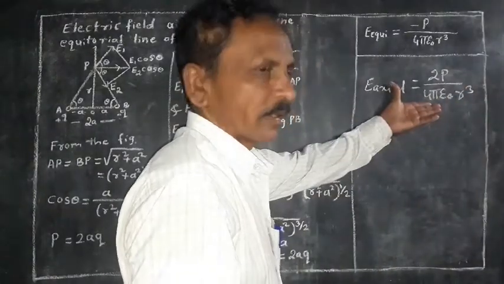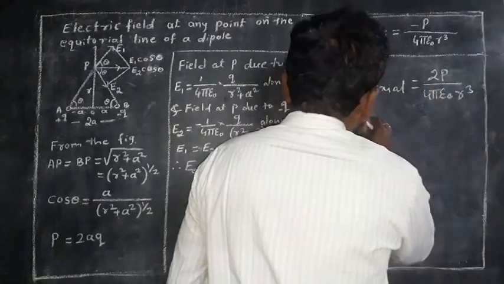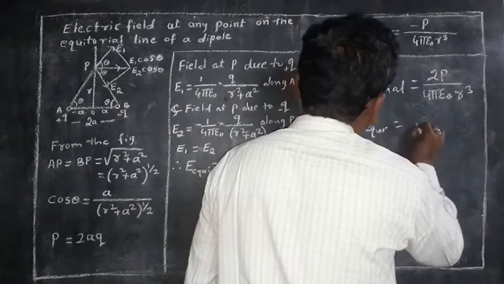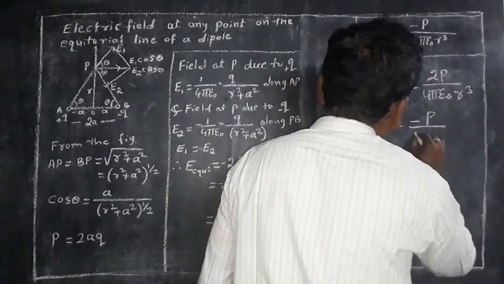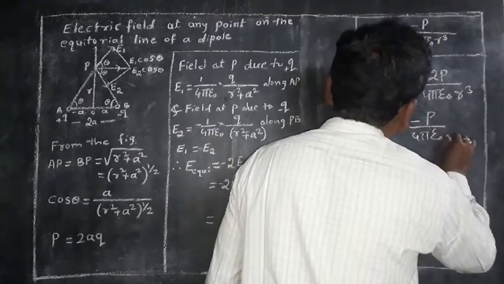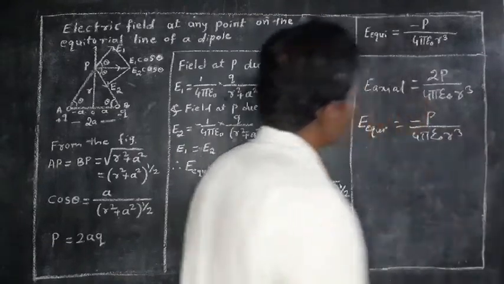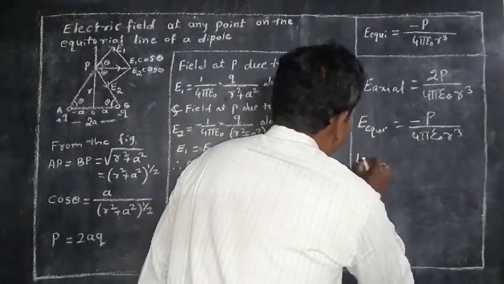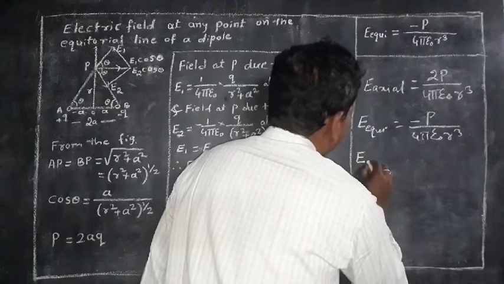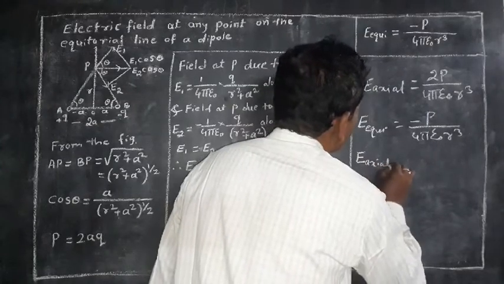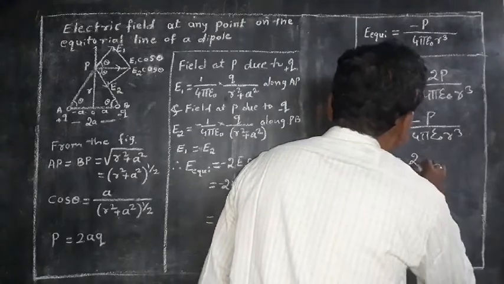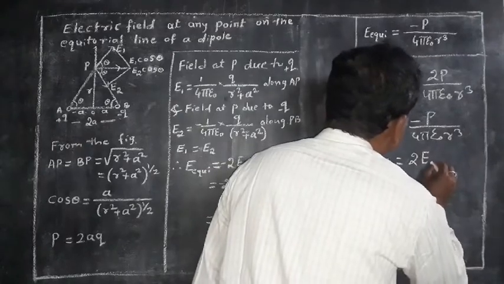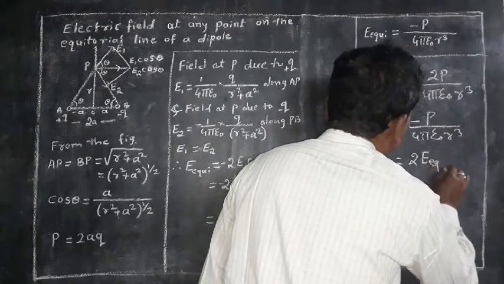Yesterday we have derived this. And E on equatorial line is equal to minus p upon 4 pi epsilon naught into R cube. It means that electric intensity at any point on axial line is equal to 2 times electric intensity at the same distance on equatorial line.